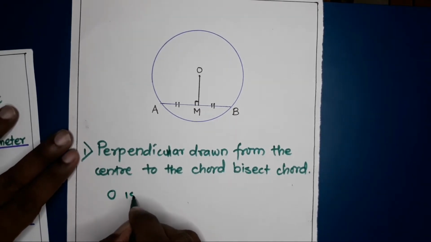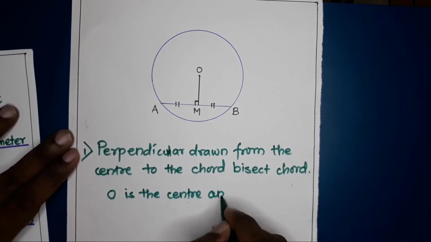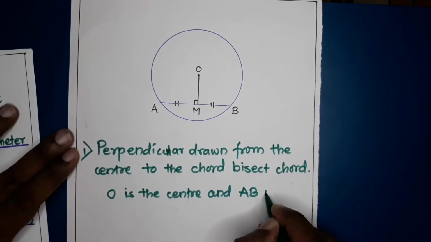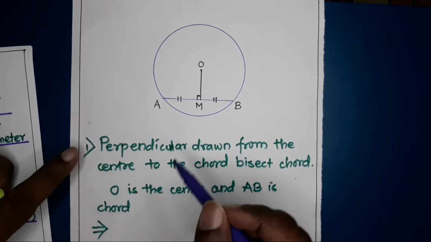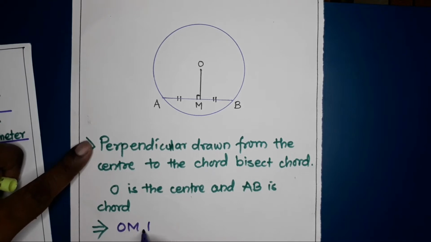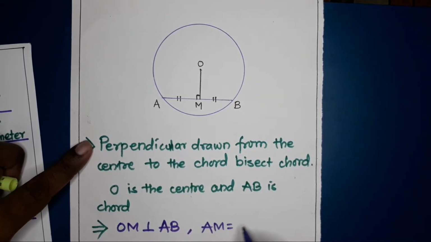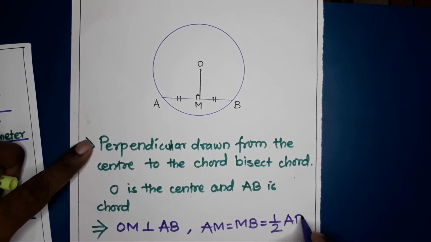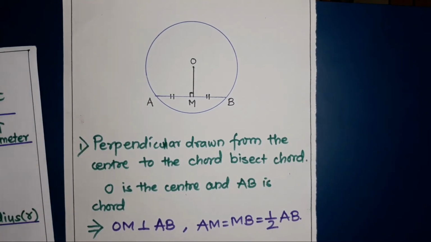If O is the center, and AB is chord of the circle, then it implies that if OM is perpendicular to AB, it means that AM is equal to MB, and which will be half of AB. This result is most important result to solve many problems. Okay.